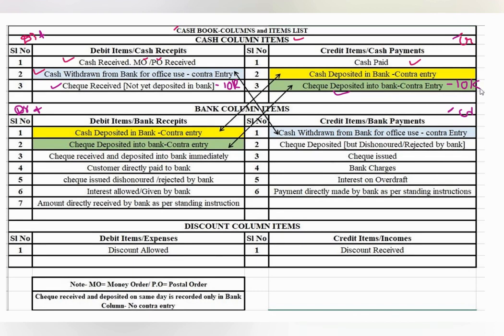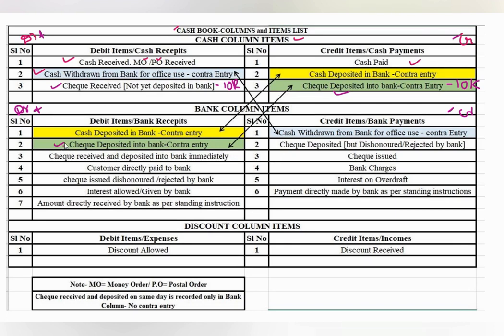The amount in the bank should increase, right? Because when we are depositing a check in the bank, obviously our bank account will get credited. That means the amount in the bank is increasing. So when the amount in the bank is increasing, we need to debit that item.